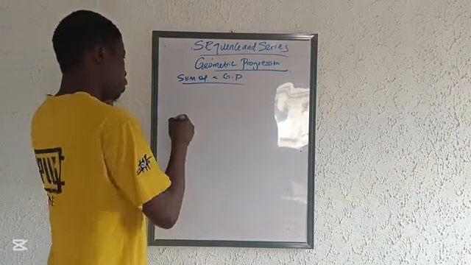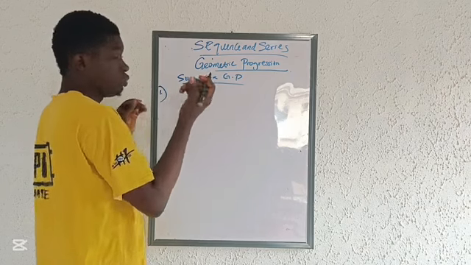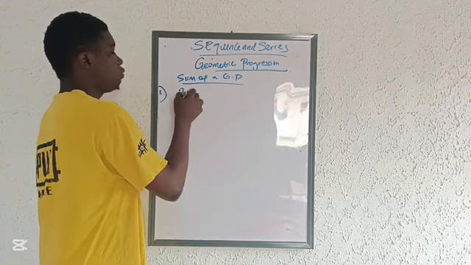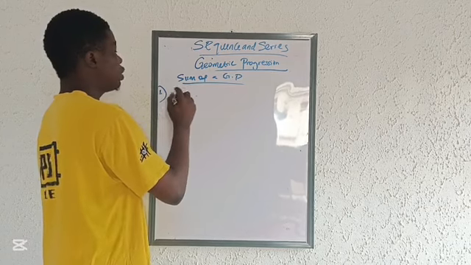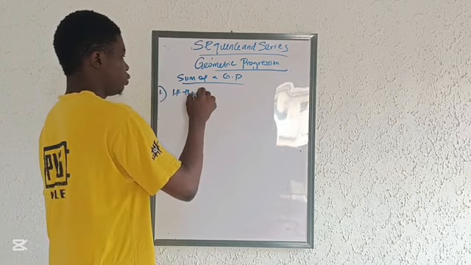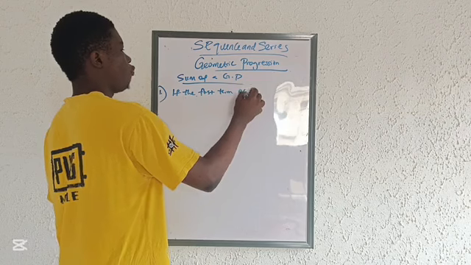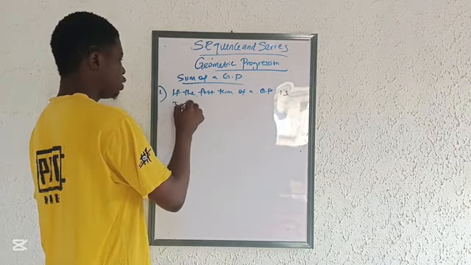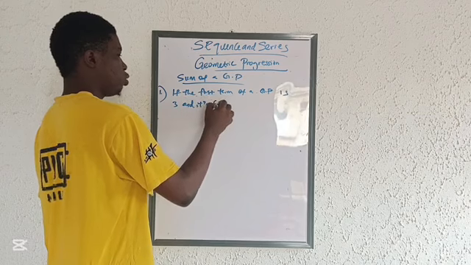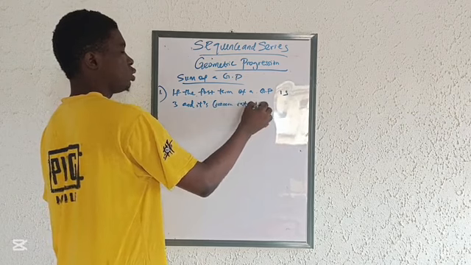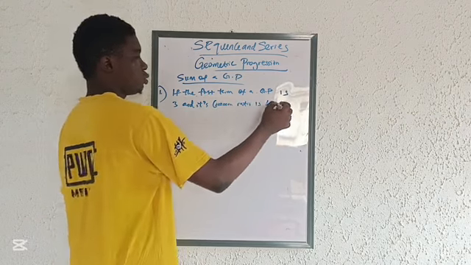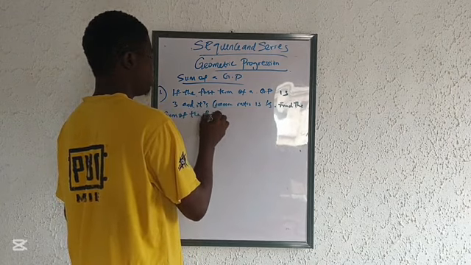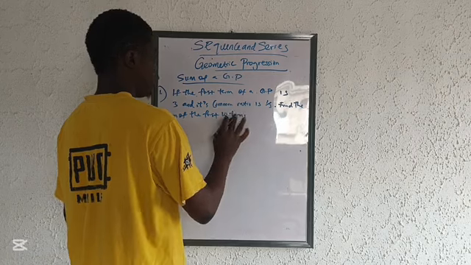So we can have a question like this. If the first term of a GP is 3 and its common ratio is 1 over 3, find the sum of the first 5 terms.